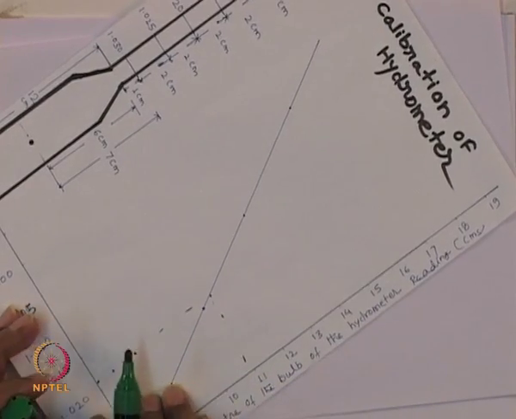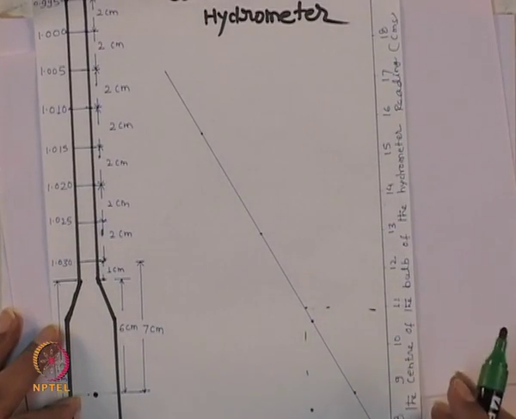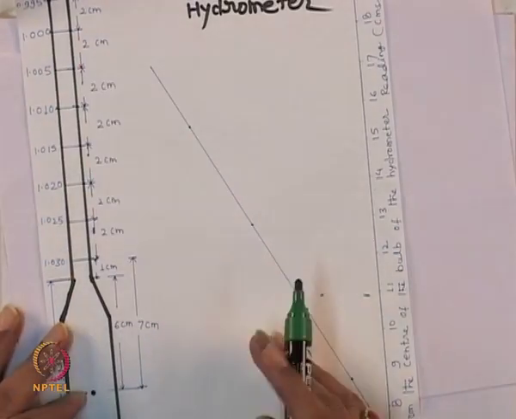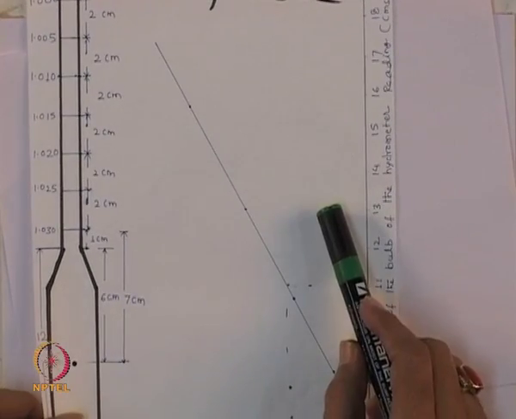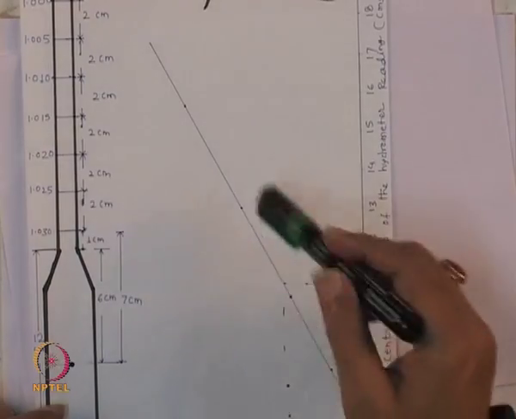Like that, for any location you can calculate what the hydrometer reading will be. This way the hydrometer has been calibrated, and different hydrometers have different calibration charts. This is important, and then you can take the reading.